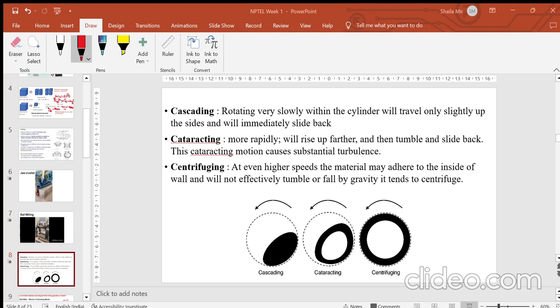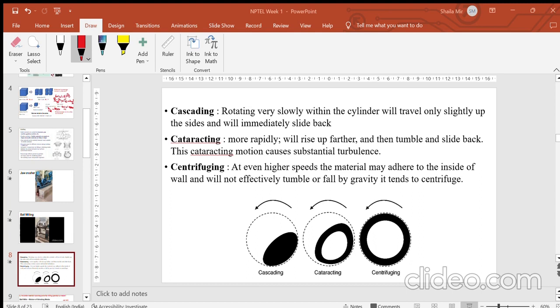So you can see that the critical speed is highly dependent on two factors. One is the radius or diameter of your mill, that means how big your mill is. The other factor is the diameter or radius of your balls. These are the two factors influencing your critical speed, and thus influencing the crushing or impact action inside the ball mill. So you need to identify that this is the critical speed for a ball mill.